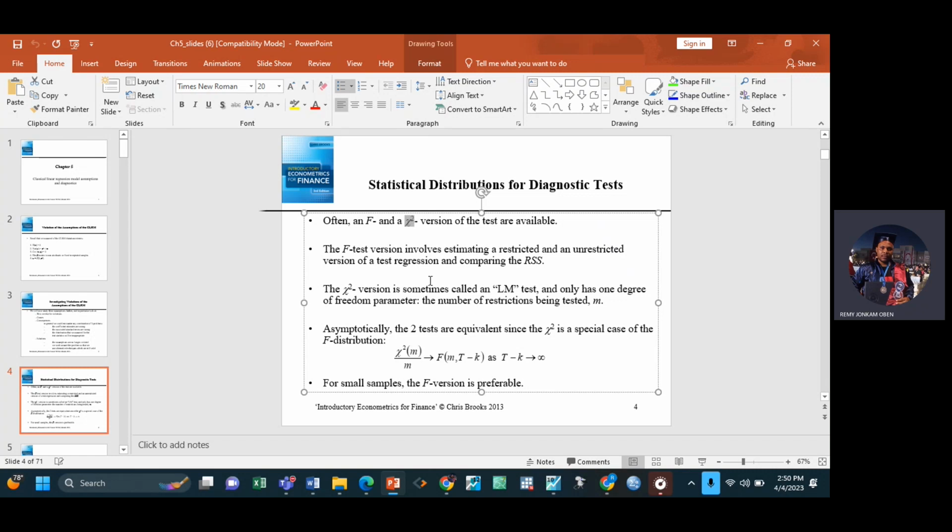For instance, on EViews, if you try to test for autocorrelation or heteroscedasticity, you will get the results of the F test and the chi-squared. You discover that most of the time you get the same results for the hypothesis testing. But if you have a small sample, then the F version is preferable, right? The chi-squared version, at times they also call it the LM test.